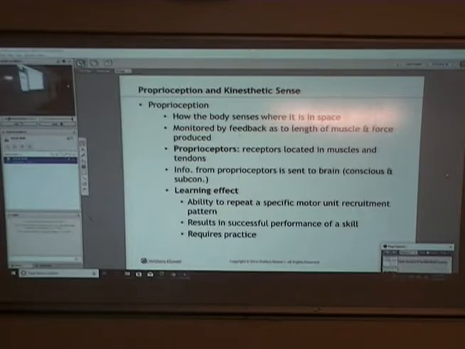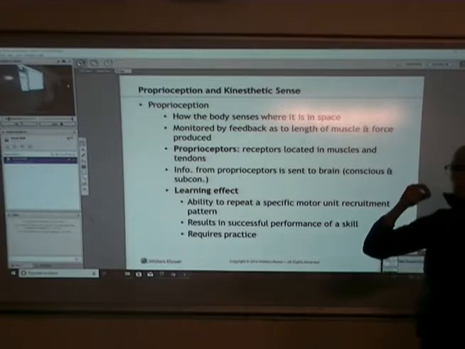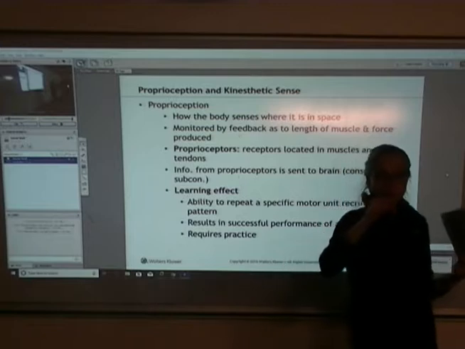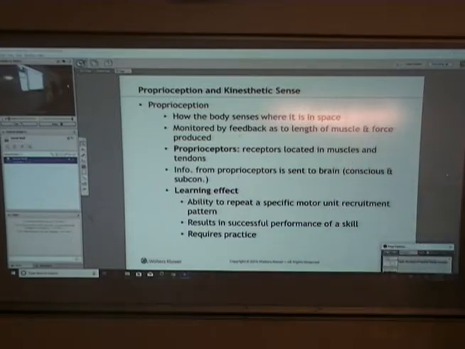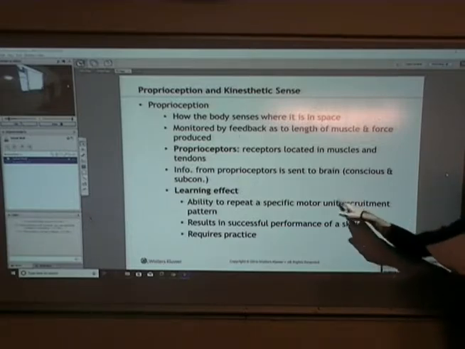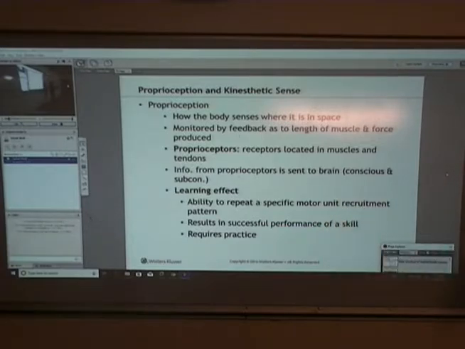So when I am learning a motor skill, one of the things that I have to be able to do is judge when to turn on force and when to turn it off, how much force to turn on at any one time, right? Can I adjust the force production if I'm not getting the outcome that I want on the skill, right? So I have to be able to repeat.